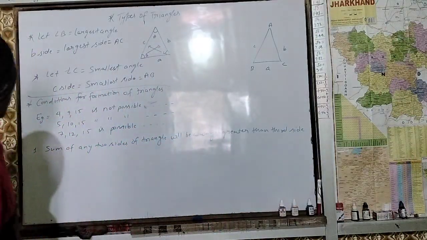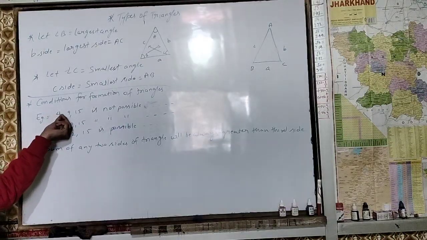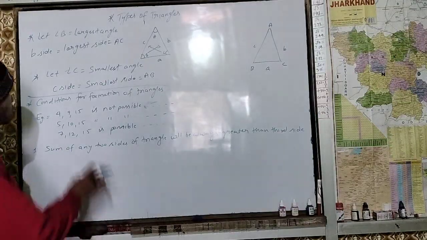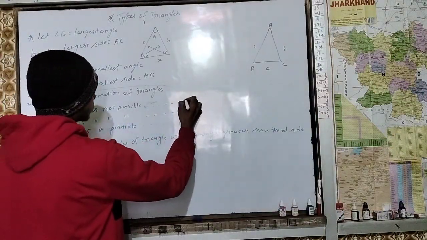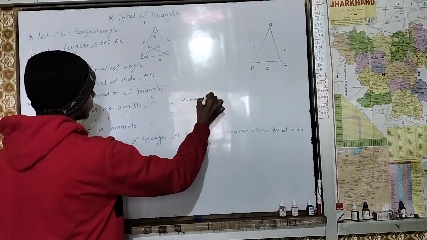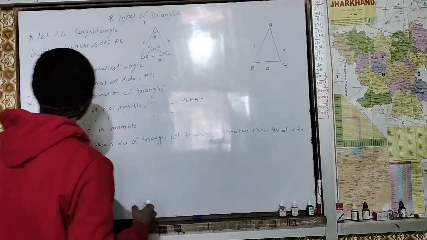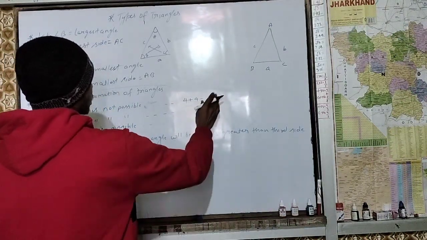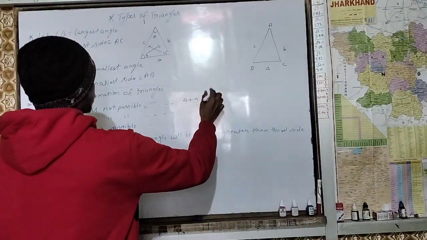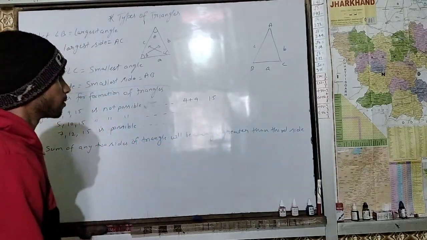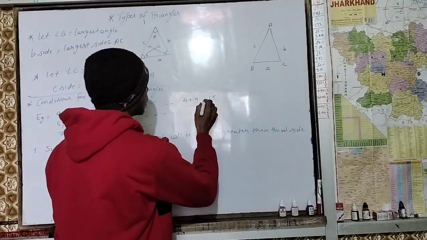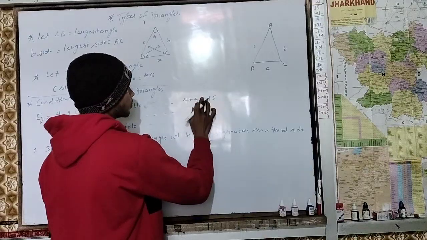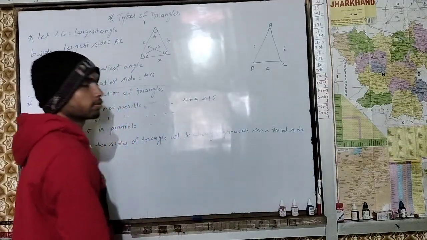For example, this is the length of the first side, the second side, the third side. If we take these two sides, 4 plus 9 equals 13. But the third side is 15, which is greater than this.